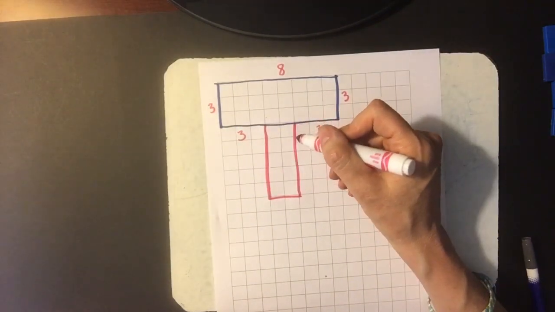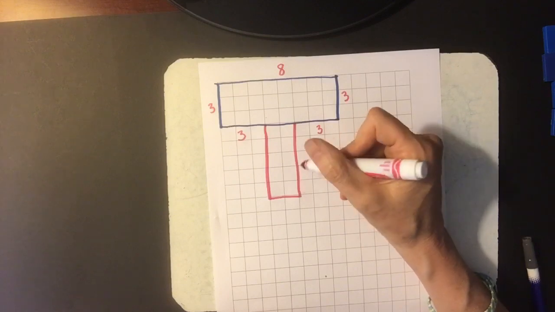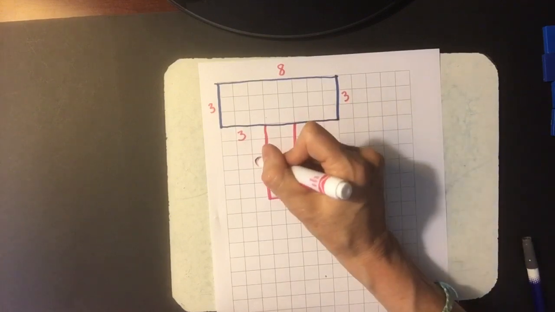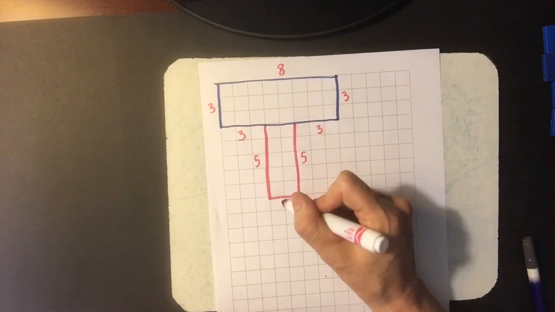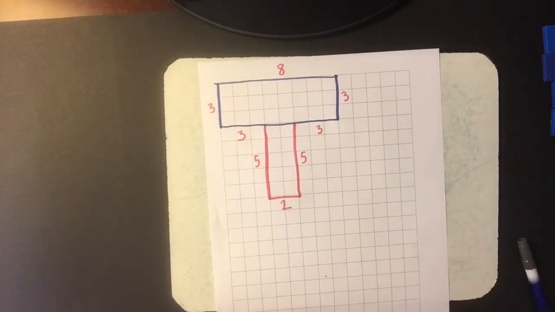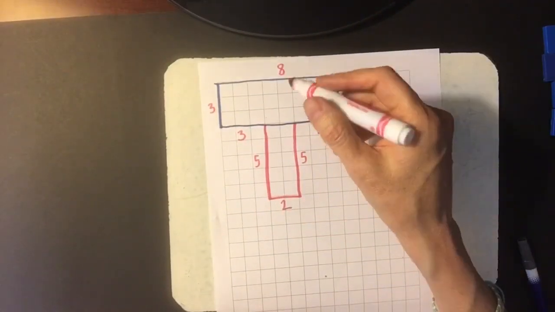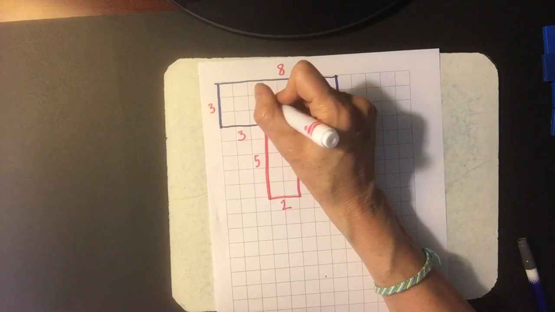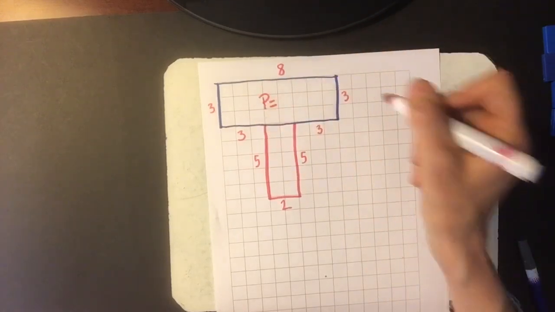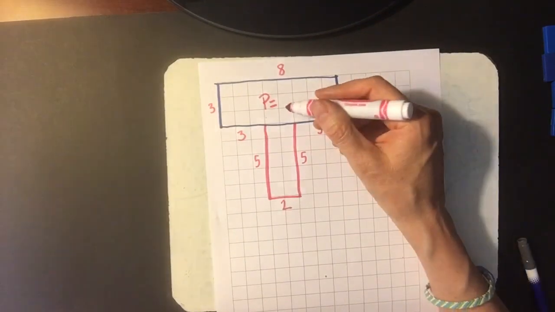And then I'm going to count the sides here. 1, 2, 3, 4, 5. And this side here is 2. And then my job would be, for my homework, to go ahead and calculate all of this up and write P for perimeter equals, and then you're going to write your answer.